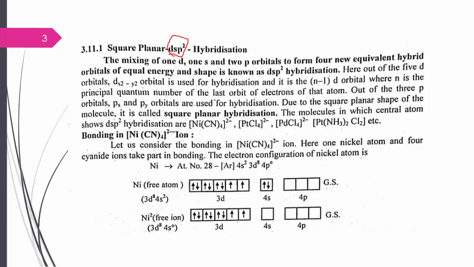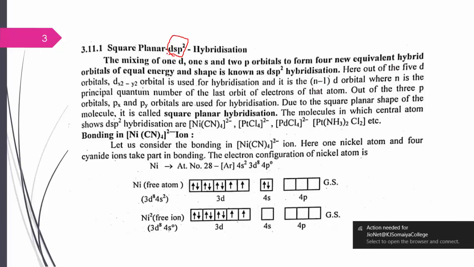Now here we can see the d orbital used for this dsp2 hybridization is (n minus 1)d. Therefore, we write d first and then sp2.